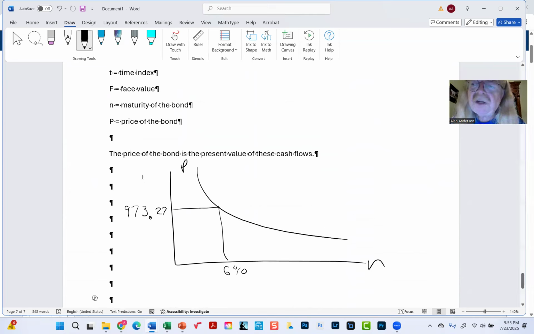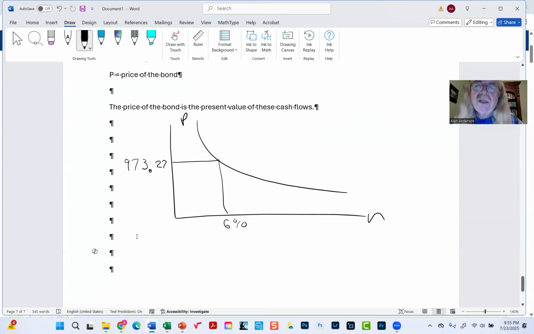Okay, so now the price yield curve is monotonically decreasing, which means that it has an inverse, which means that if I know the price, I can calculate the yield, or if I know the yield, I can calculate the price.